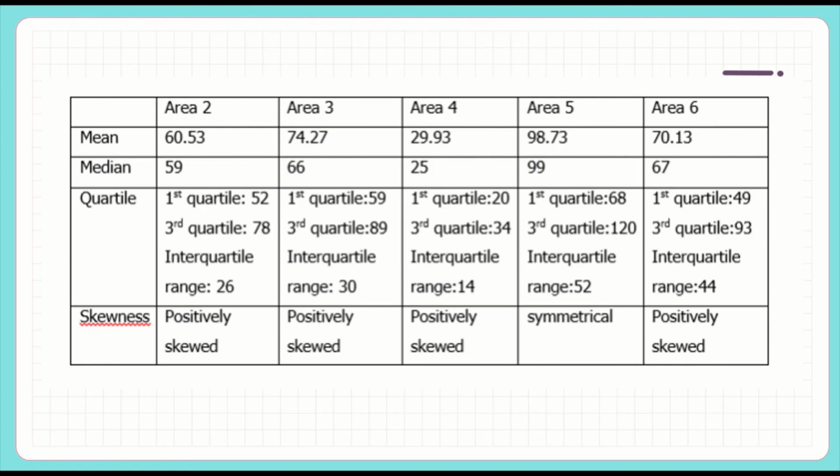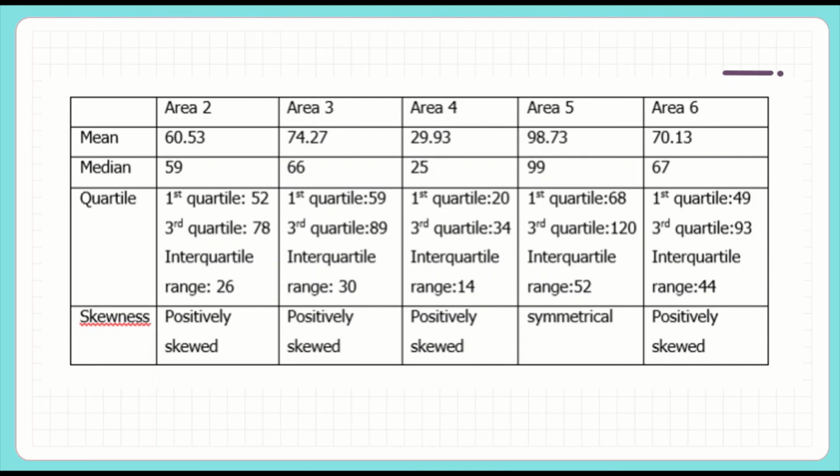For area 4, the mean is 29.93, the median is 25, the first quartile is 20, the third quartile is 34, the interquartile range then we got 14, so it is positively skewed. For area 5, the mean is 98.73 and the median is 99. The first quartile is 68 and the third quartile is 120.